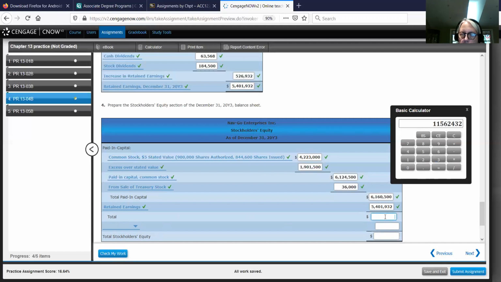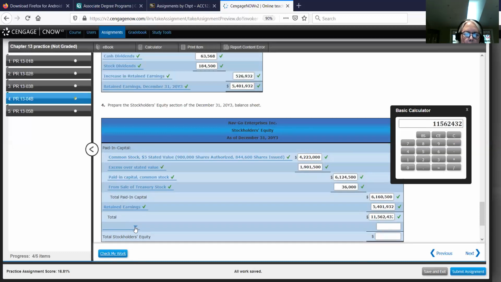And that's going to give us 11,562,432. And that's a 2 there. I know it's not showing up, but it's what we've got on our calculator there. That's the total of the retained earnings balance and the total paid-in capital. It's really like a subtotal here.